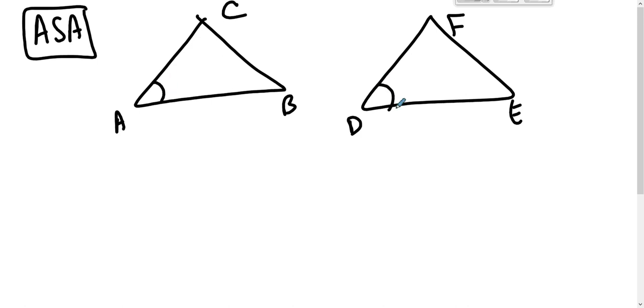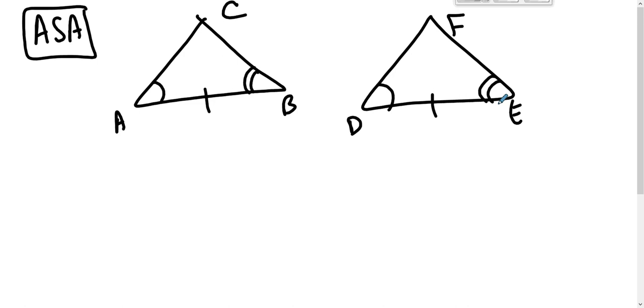Angle A is congruent to angle D, AB is congruent to DE, angle B is congruent to angle E. That's the angle side angle setup. It is our job to show that if those two triangles present that way, they are in fact congruent. And we only have one way right now to show that triangles are congruent, and that is side angle side.